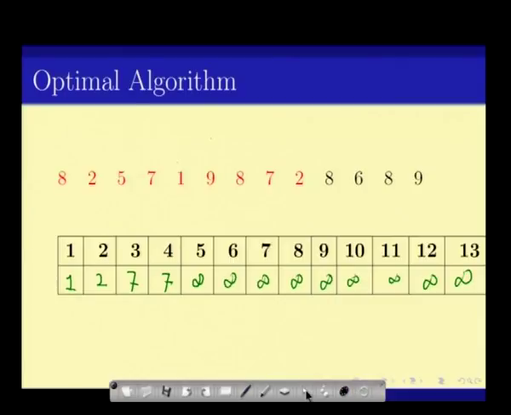Now, let us look at the next step. When we look at the next element, which is 8, we look at the last element here which is smaller than 8, which in this case is at length 4.